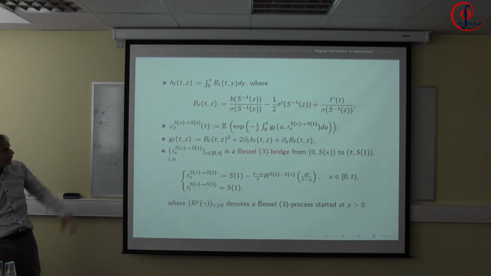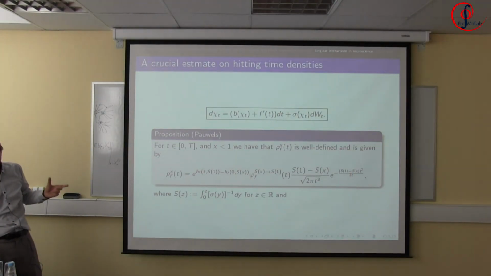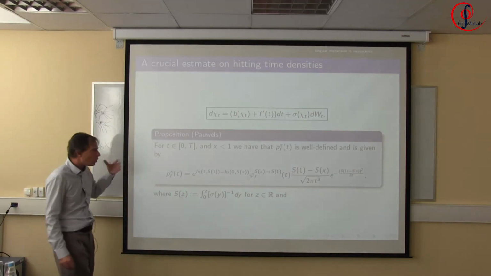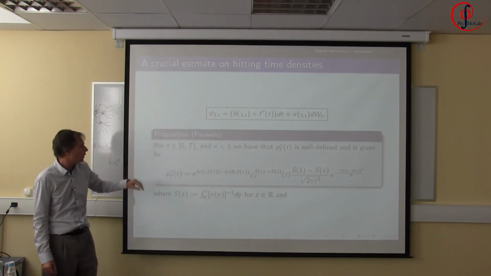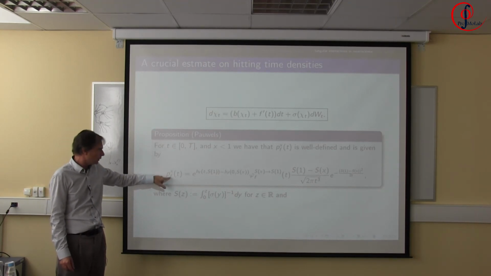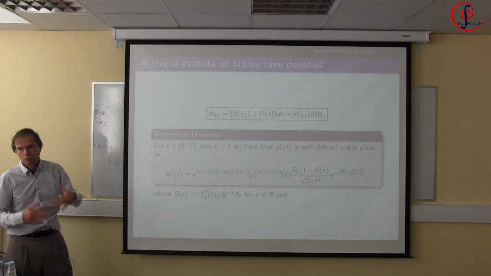And the interesting point is that, even if it's complex, this formula allows you to get a lot of very accurate local estimates on this density at a point x close to the threshold.